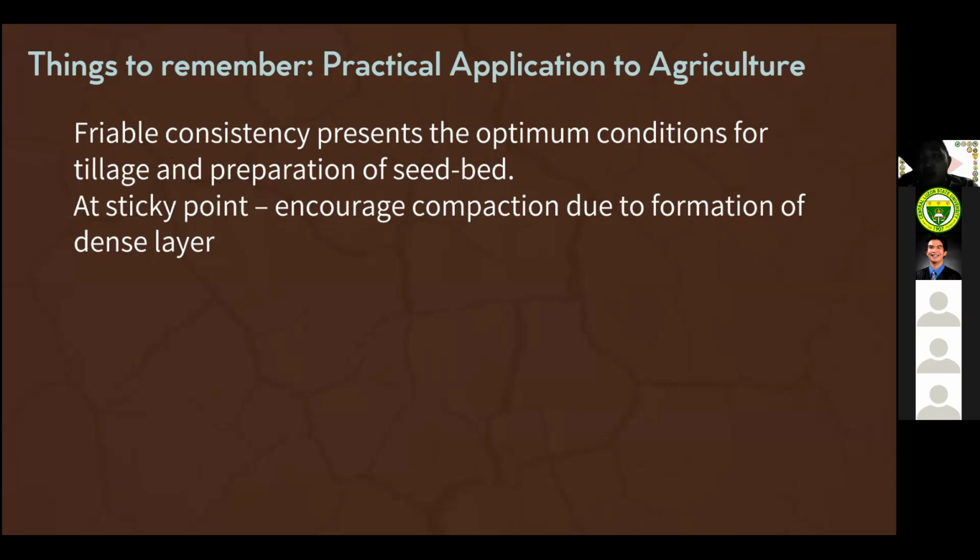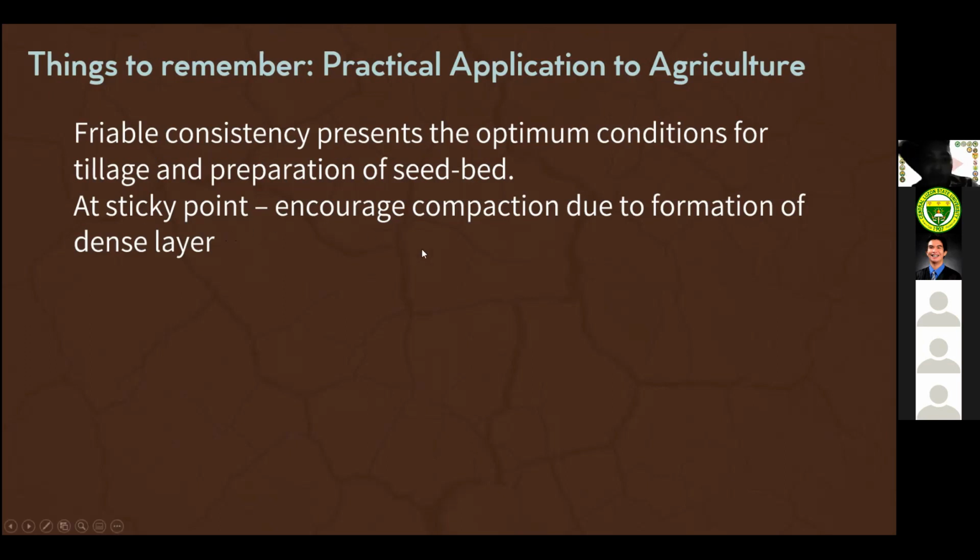Of course, kapag very dry yung soil, nasa hardness siya. Pag very dry, ayaw natin kasi napakatigas ng lupa. It's hard to land prep. Ang gusto natin is yung nasa friable stage, or yung nasa lower limit to field capacity ng moisture natin. Doon madaling i-cultivate or i-till yung soil natin.